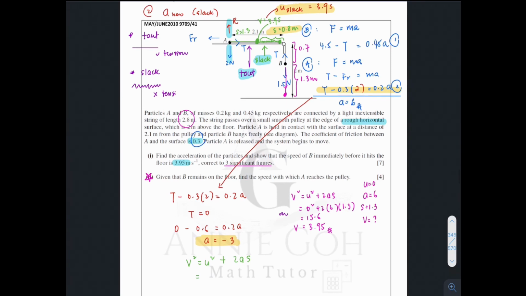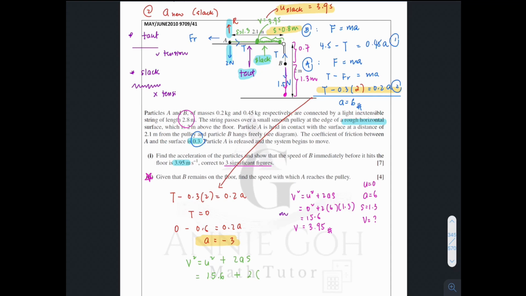So the final speed: u squared is 3.95 squared, which is the same as the exact value here, 15.6. It's actually better to substitute the actual value rather than the rounded value from part 1.